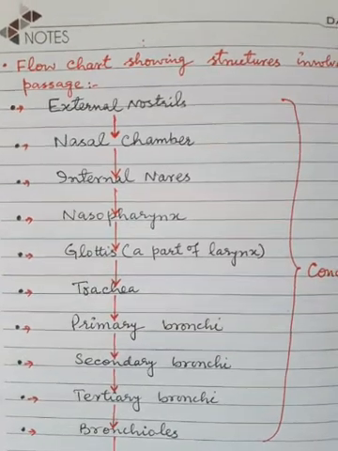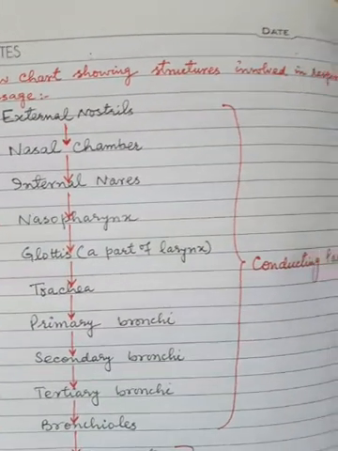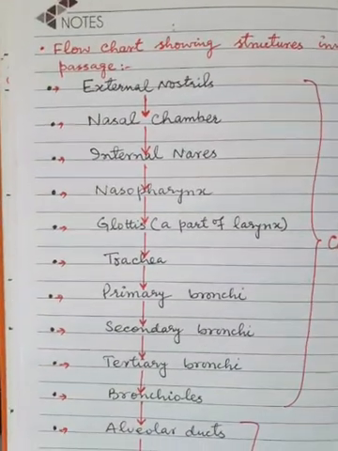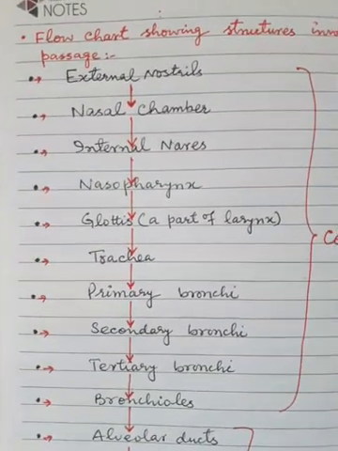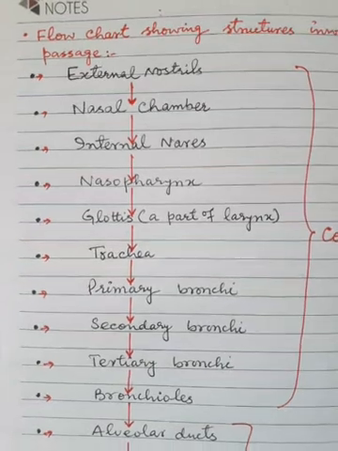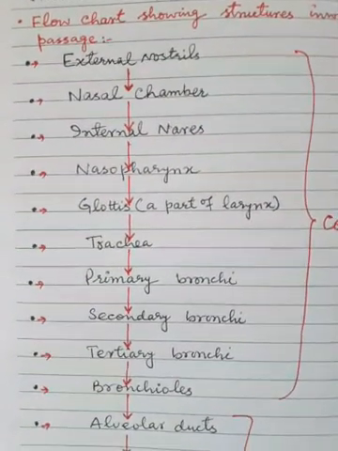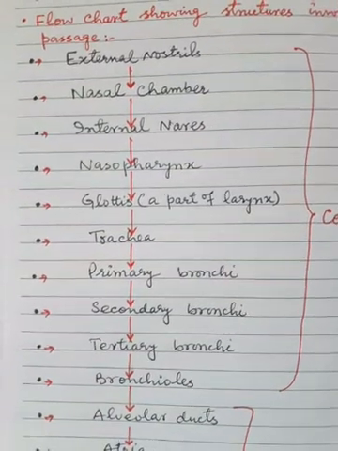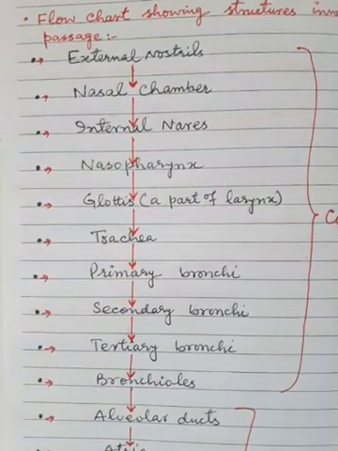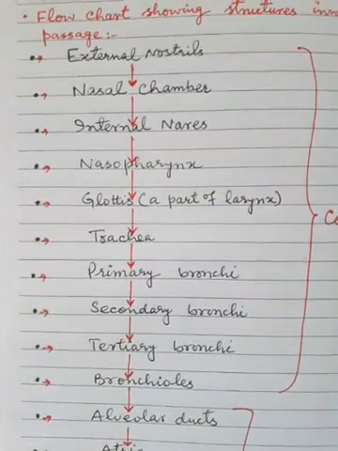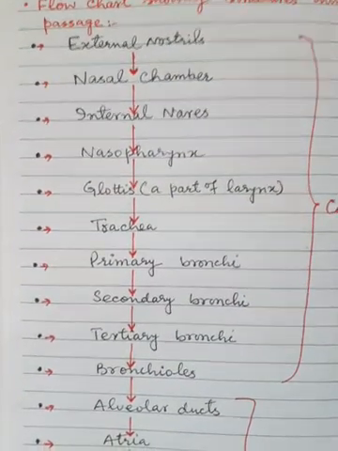Now, the flow chart showing structures involved in the respiratory passage. The respiratory passage starts from the external nostrils that lead to the nasal chamber. Then there are internal nares followed by the nasopharynx.